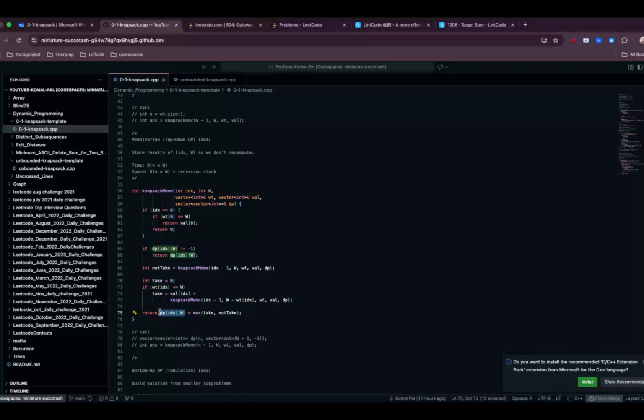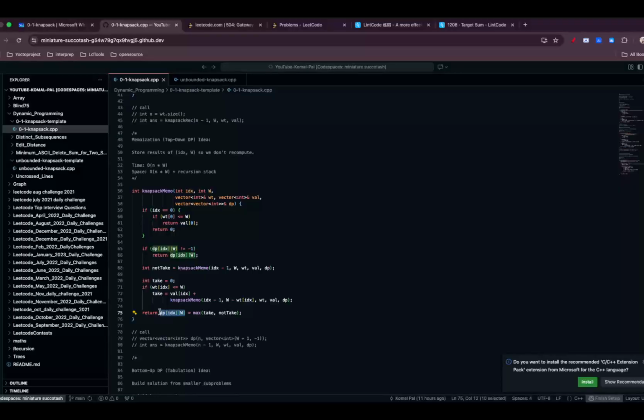That will let us know that at a particular index with a particular maximum capacity of the knapsack, what was the maximum possible answer, meaning the maximum possible products which we could store inside that knapsack.